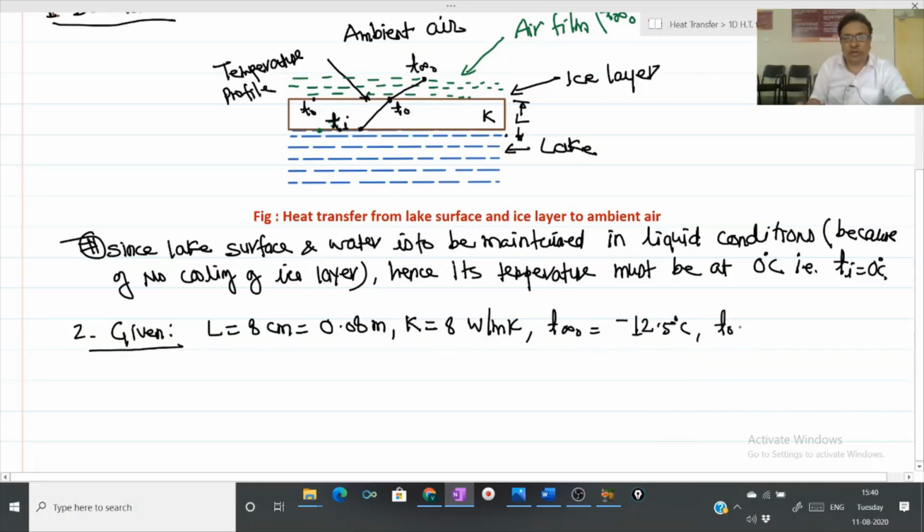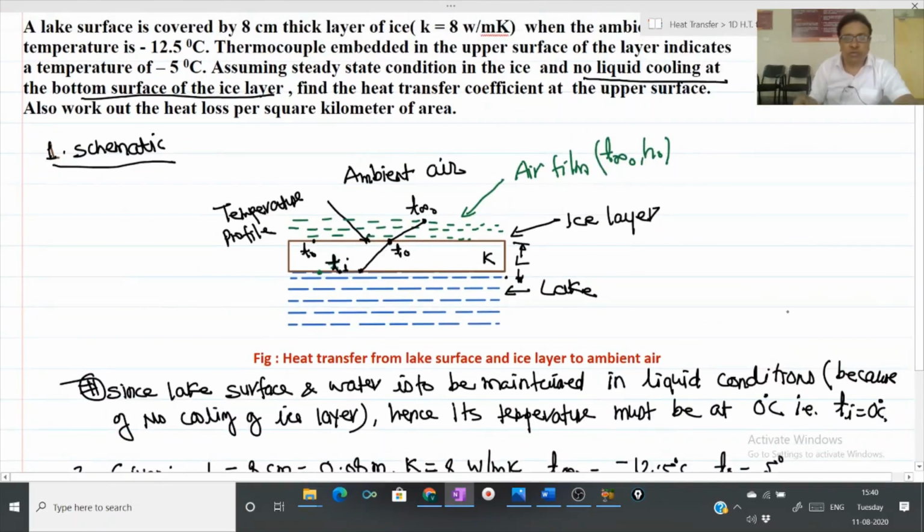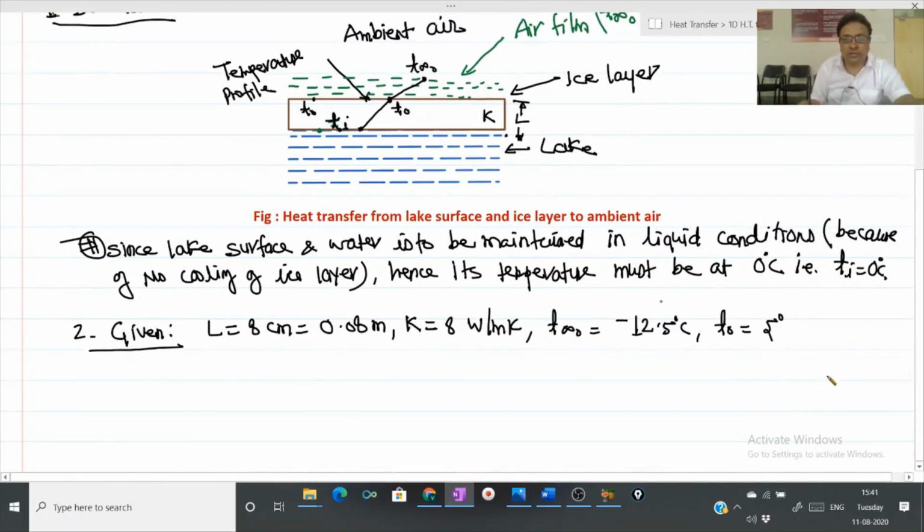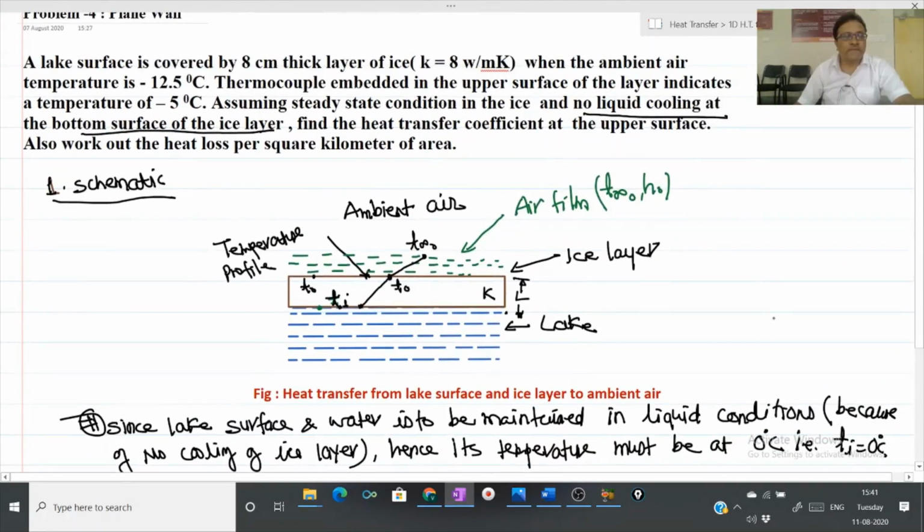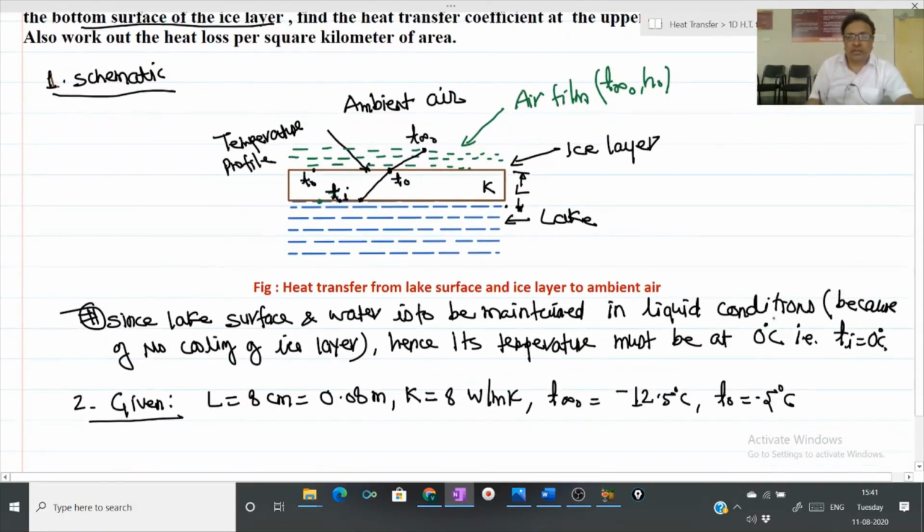Upper surface temperature of the ice layer is given as minus 5 degrees Celsius, because ice will be formed only when the temperature is below 0 degrees Celsius. And since no subcooling of ice is occurring, from this observation I can say Ti is equal to 0 degrees Celsius. So these are the values of parameters given.